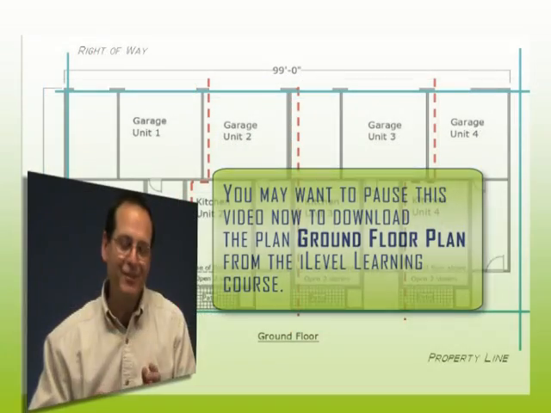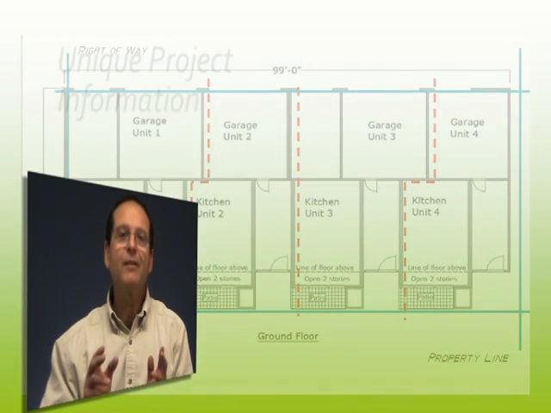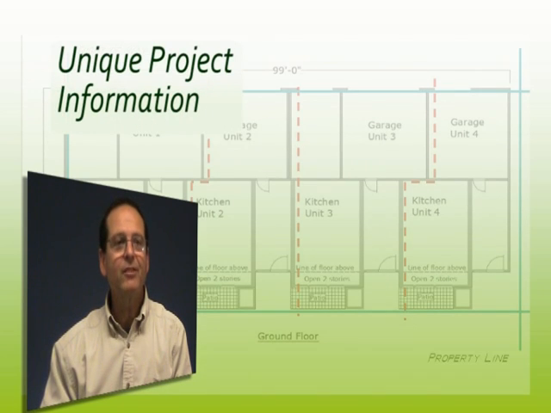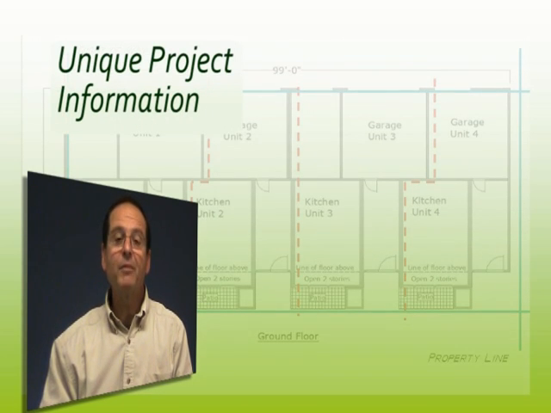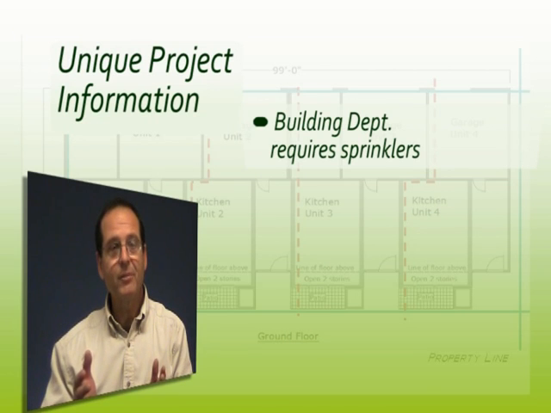But before we actually do that, I should bring up that there are a few things. Obviously, every project's going to be a little bit unique. In this particular case, the building department is going to require sprinklers. It's out of our hands. We know it's got to be on the plans, and that will play into our decision making.